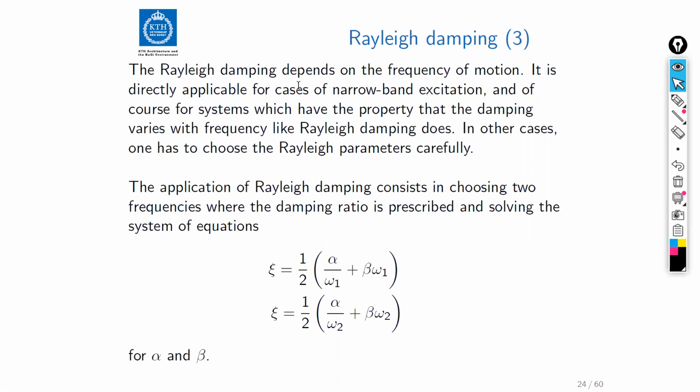So this was what I just said. And it's important to think about this. So you need to choose these parameters carefully in the general case. The way of doing this would be perhaps to prescribe.